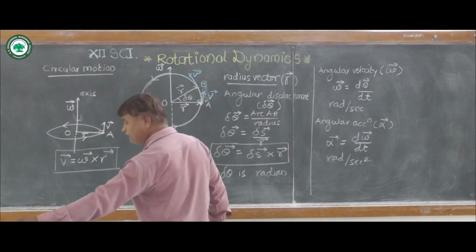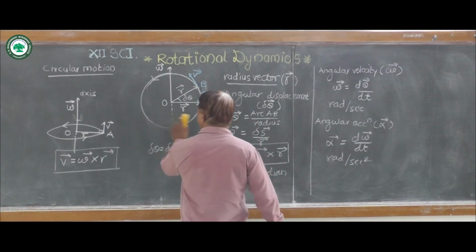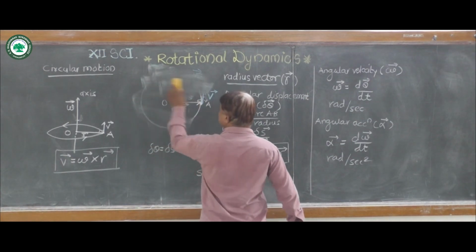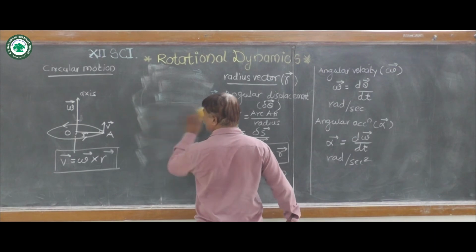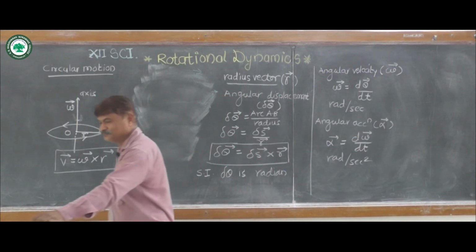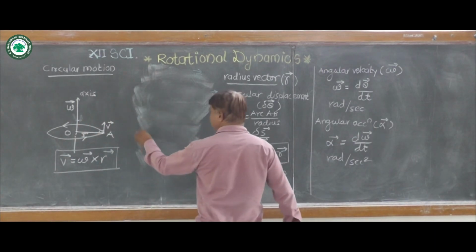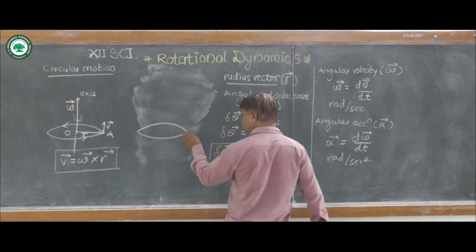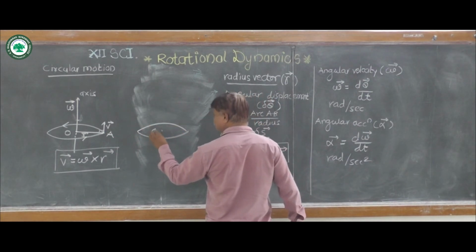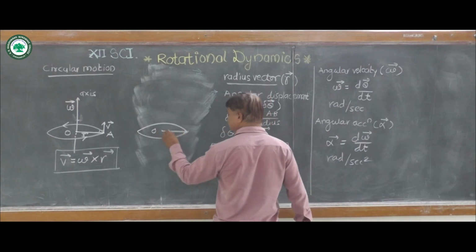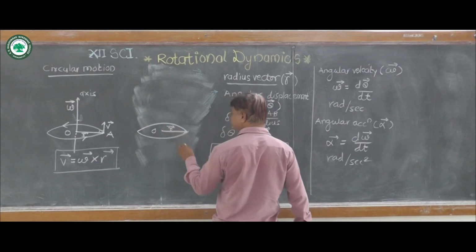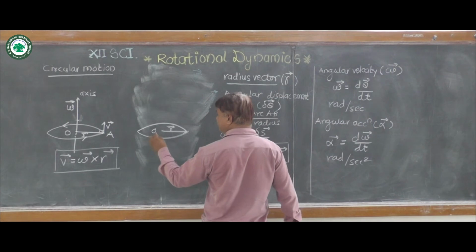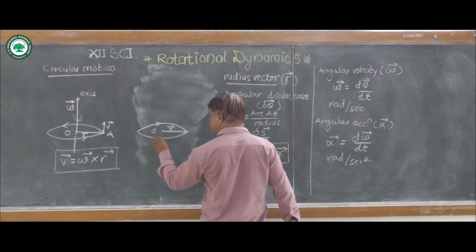Now, if the particle is moving in a clockwise sense, what happens? For that purpose, we draw the same diagram again. This is the center O. From the center we draw the radius vector, and the particle is moving in a clockwise sense.